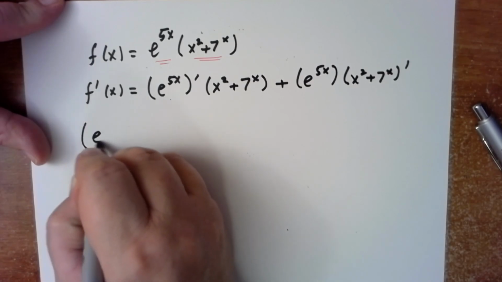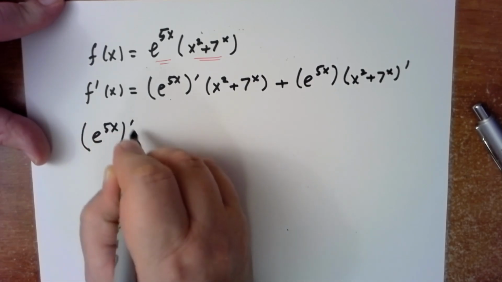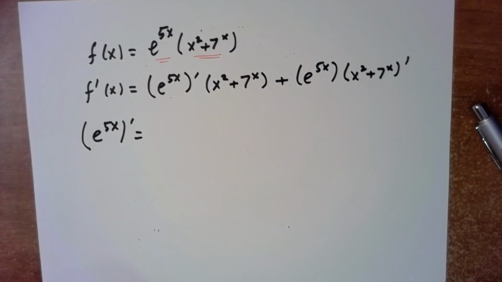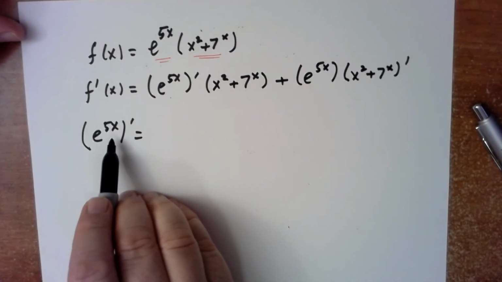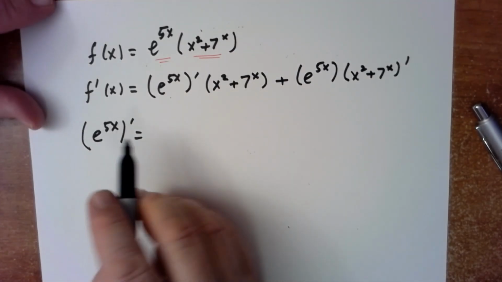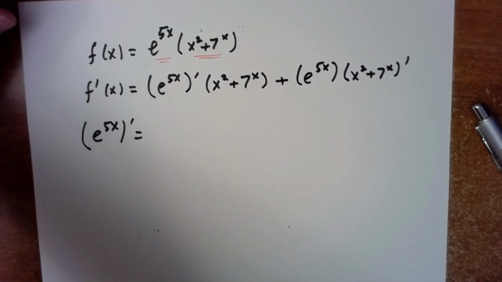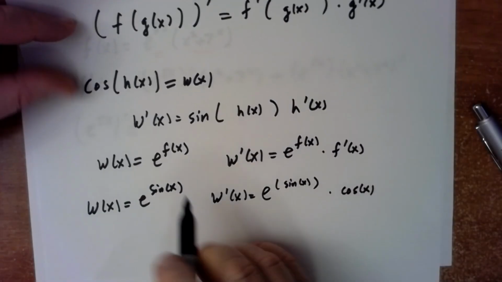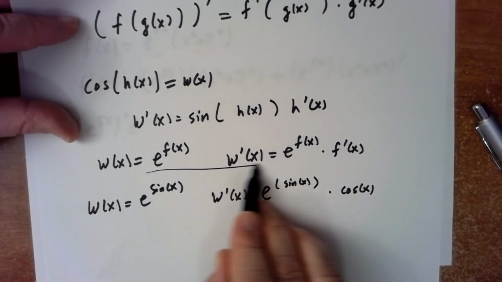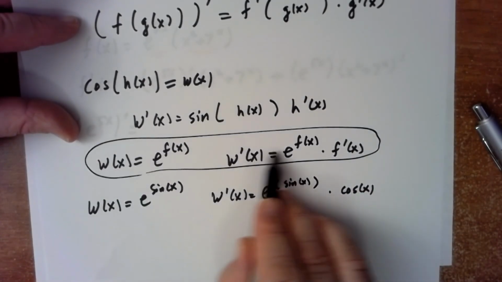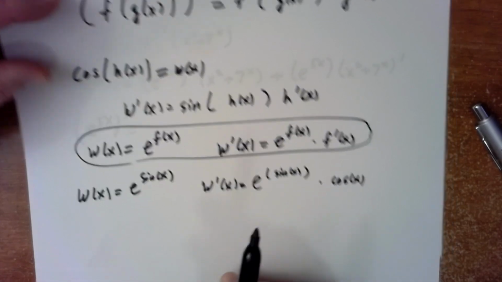So how would you compute the derivative of e to the 5x? And this is where we have the composition, right? So that's like that e to the f of x we had before, right? When we had e to the f of x, our derivative was e to the f of x times f prime.